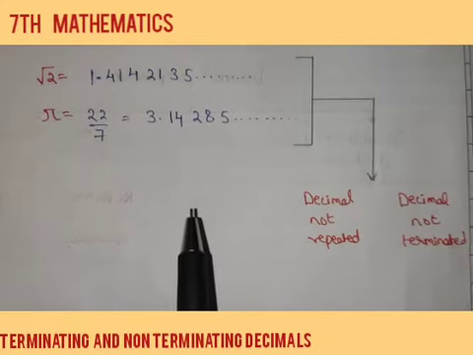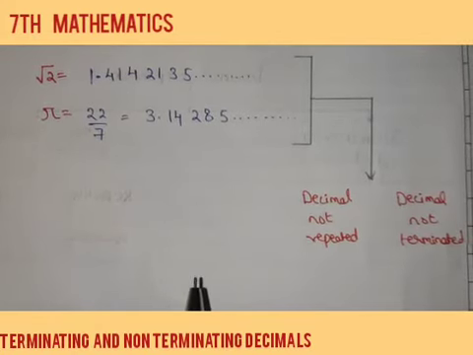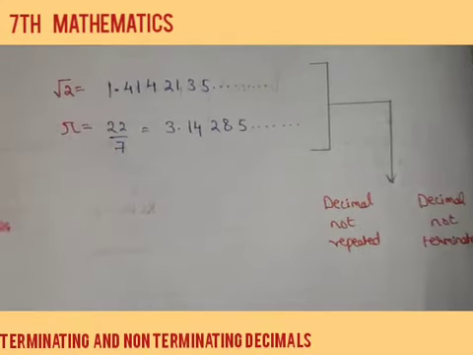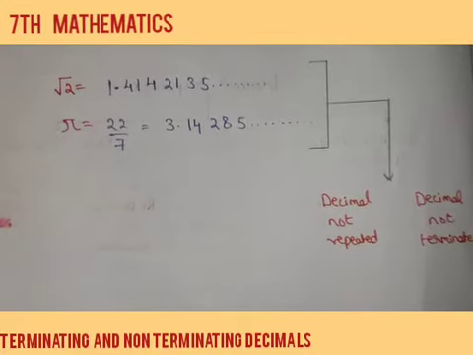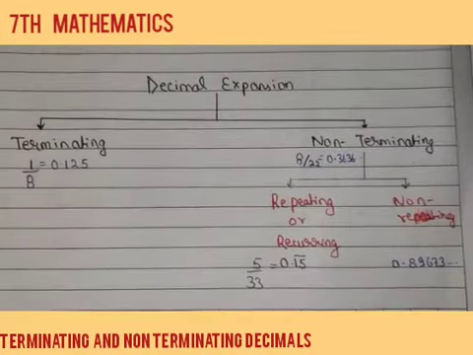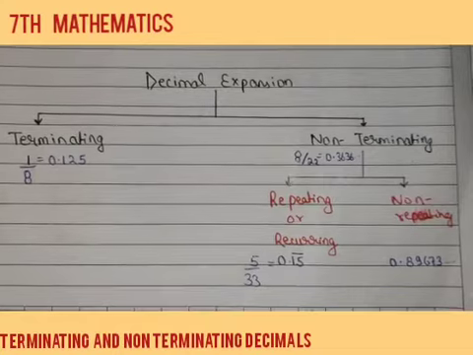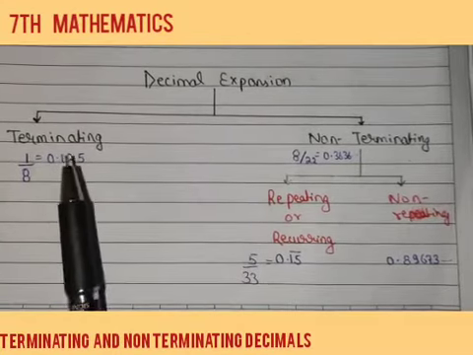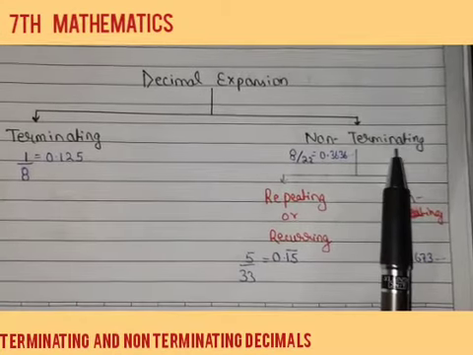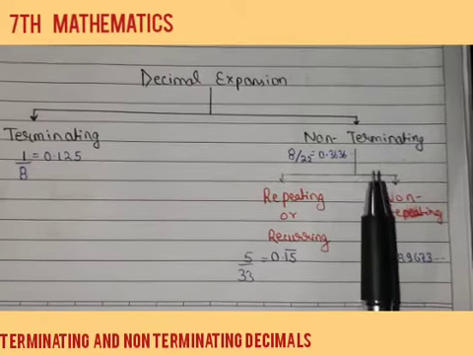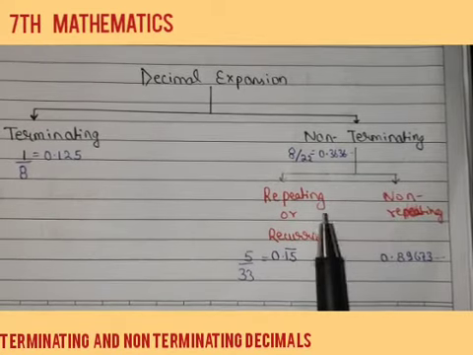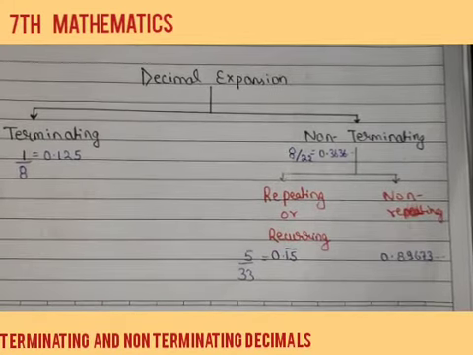So such numbers are called non-repeating decimals. Hence, a final classification will be: decimal expansion is of two types, terminating and non-terminating. Further, non-terminating decimals are classified into repeating and non-repeating.